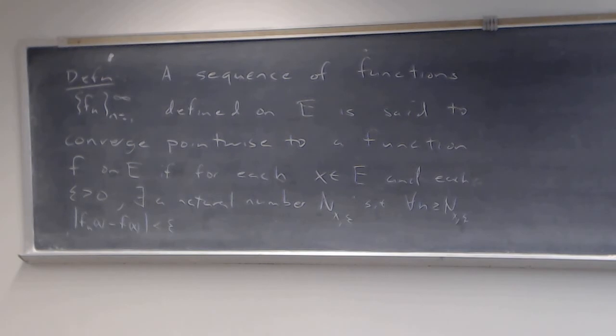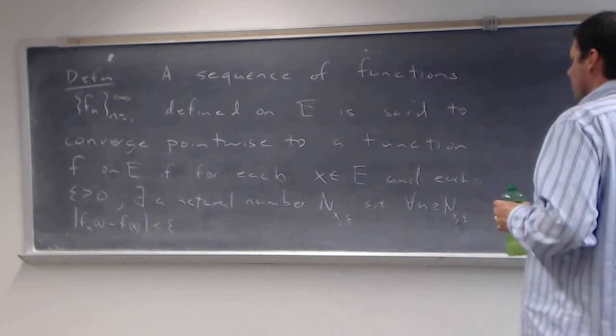So you fix x, let's call it x sub naught to make it a solid x. F sub 1 of x sub naught, f sub 2 of x sub naught, f sub 3 of x sub naught, f sub 4 of x sub naught, and so on. That's a sequence of numbers that converges to something. What it converges to, we call f of x sub naught. Is that all right? And we do that for each x. And that's what it means for that sequence to converge pointwise.